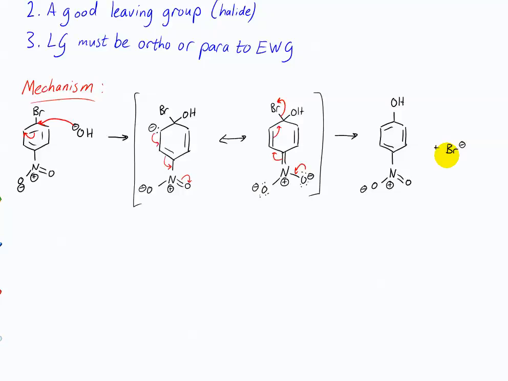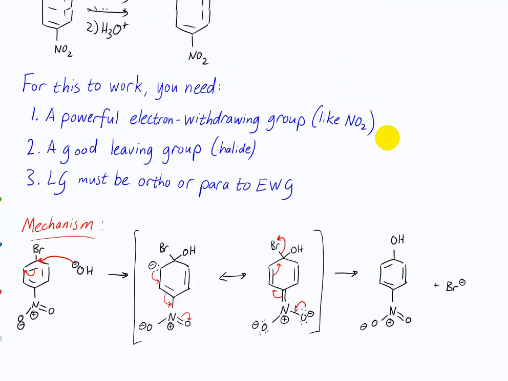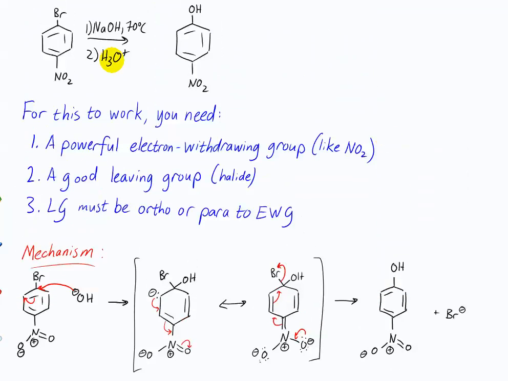Now there's actually another step here that we haven't really talked about, but because we're doing this in sodium hydroxide, you'd actually end up deprotonating this, right? Because this is a little bit acidic. That's why I listed a second step as a workup with acid. After the first step, you'd actually have O- up there. It's just an acid-base consideration.